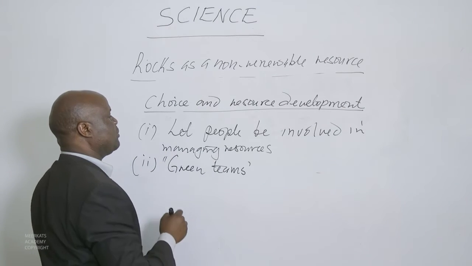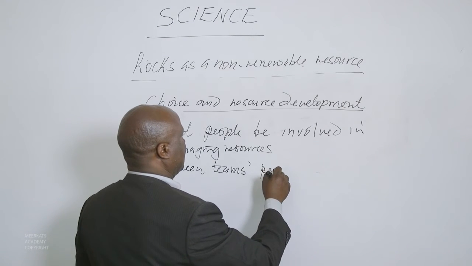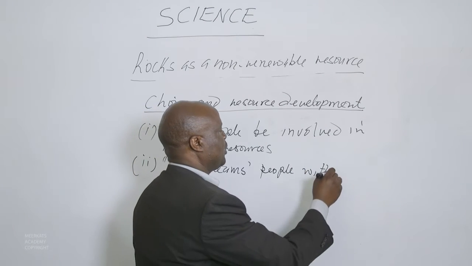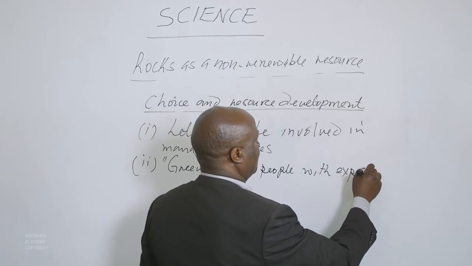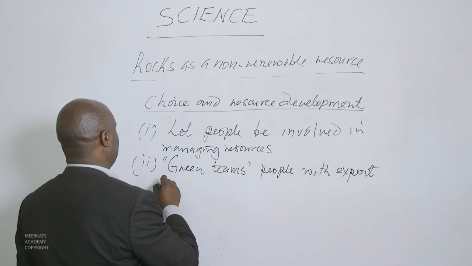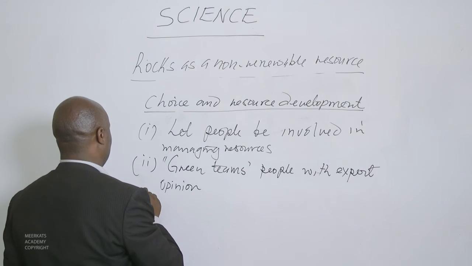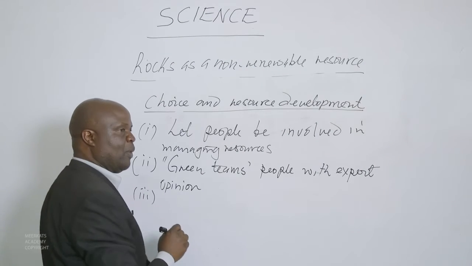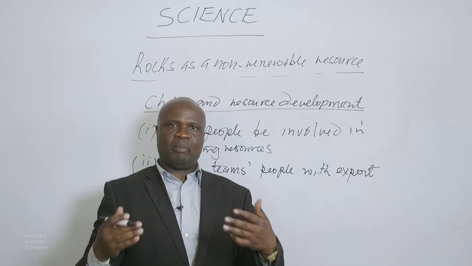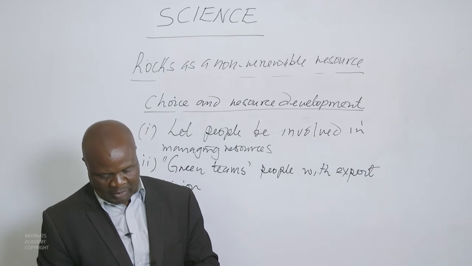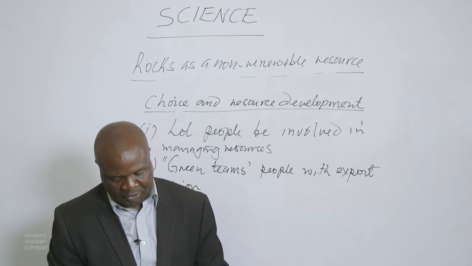We call them green teams, people with expert opinion on the management of resources. These are people well informed when it comes to management of resources. They will be able to give correct advice when it comes to management of resources.